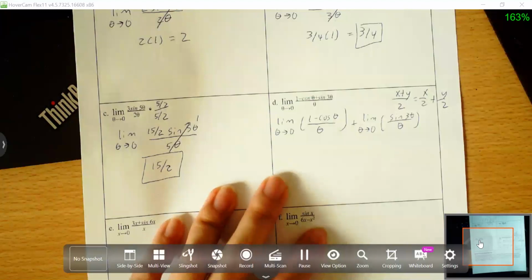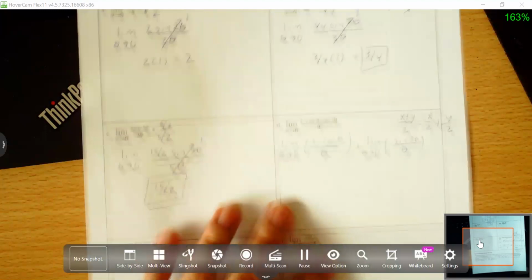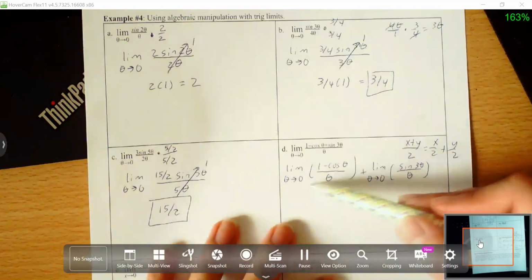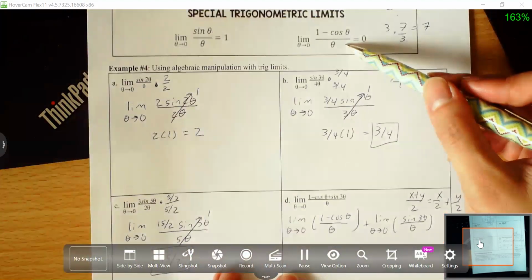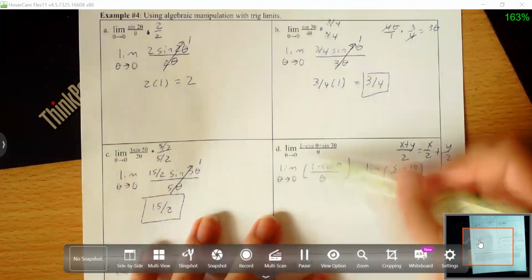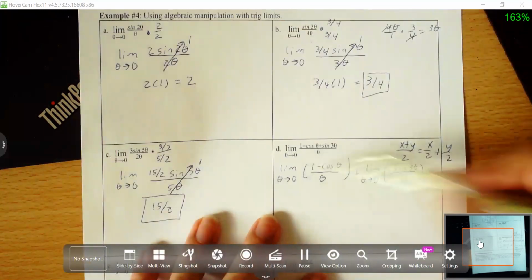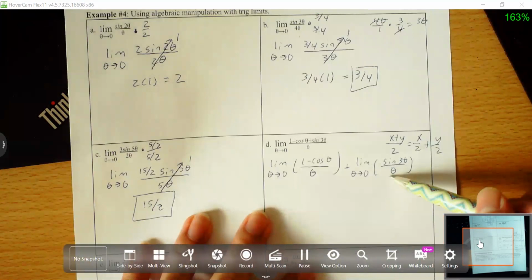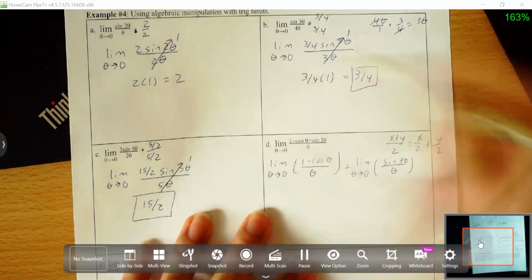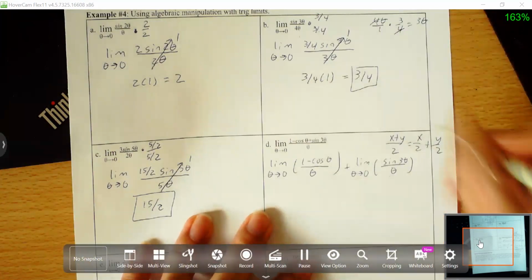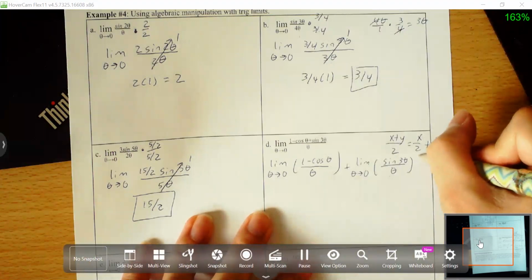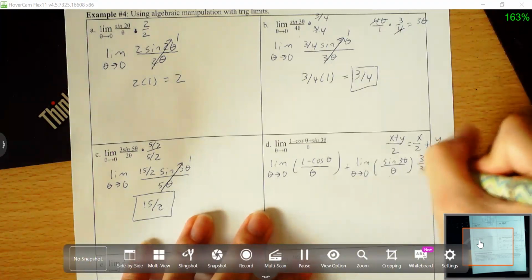Now I can use my special limits up there, because I know the limit as we approach 0 of 1 minus cosine theta over theta is going to be 0. And this, we actually know what to do because we were doing it for parts A, B, and C. This is where we're going to multiply the top and bottom by 3 over 3.